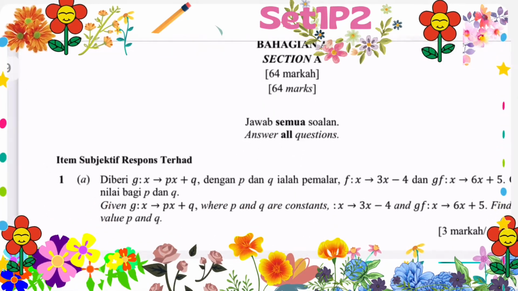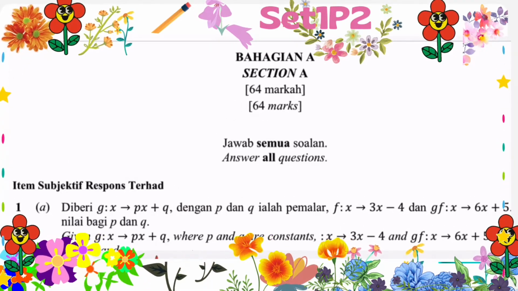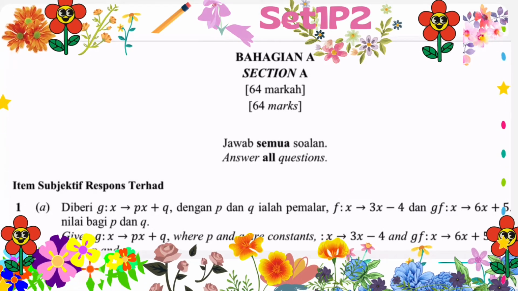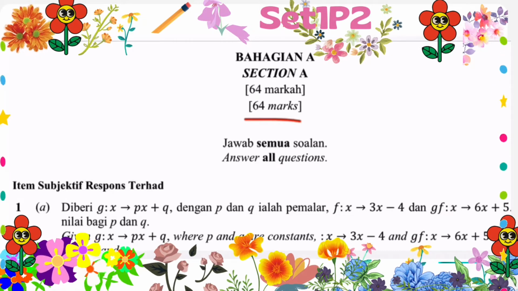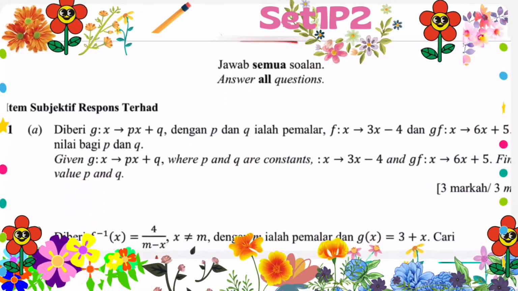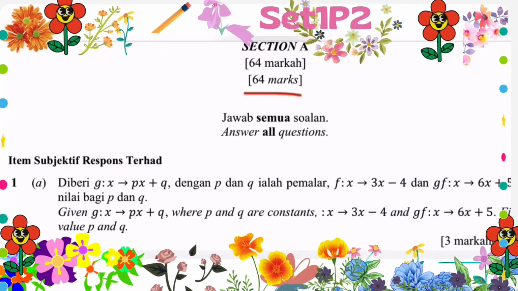Now let's have a look at the sample question of paper 2 section A. It says 64 marks, but section A for paper 2 should be 50 marks, so I think this one is wrong.